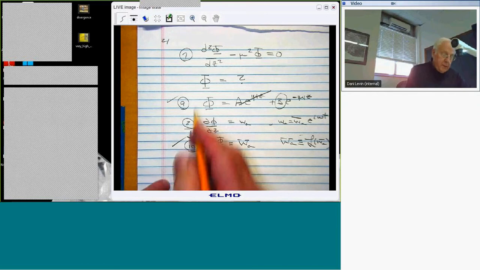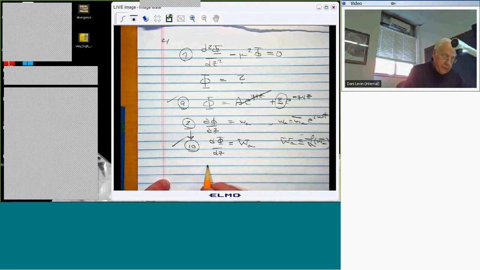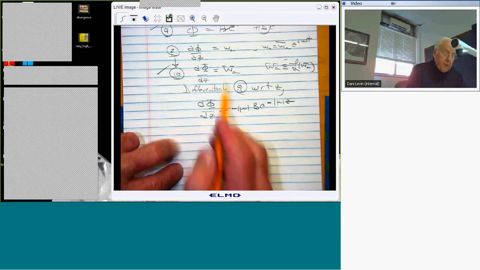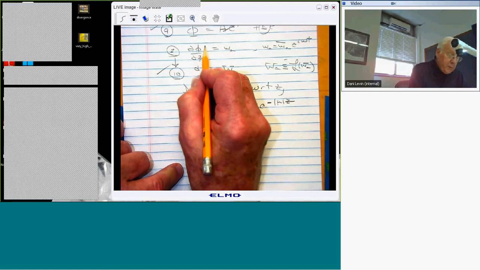So I'm going to differentiate 9 with respect to z, and you get d phi dz equals minus mu, or if you prefer absolute value of mu, and B e to the minus mu z, right? Oops, sorry about that. No. But to apply this boundary condition, remember, is on z equals 0.